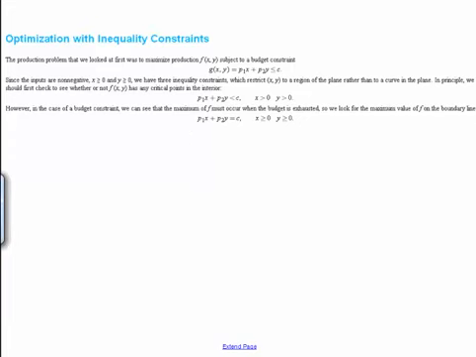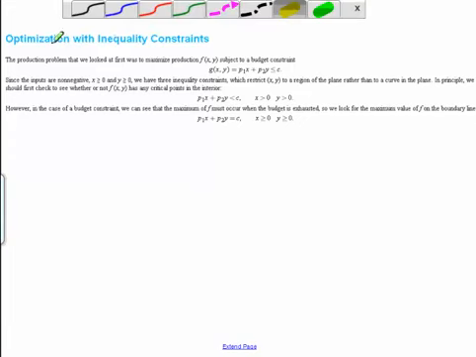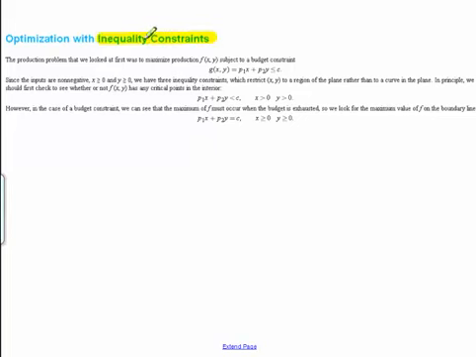So just to be totally clear, in the last problem we were looking at optimization with an inequality constraint, going back to that production problem where we were looking at g of x, y having to be less than or equal to c.